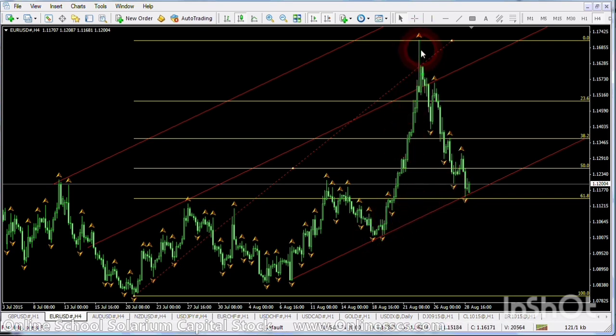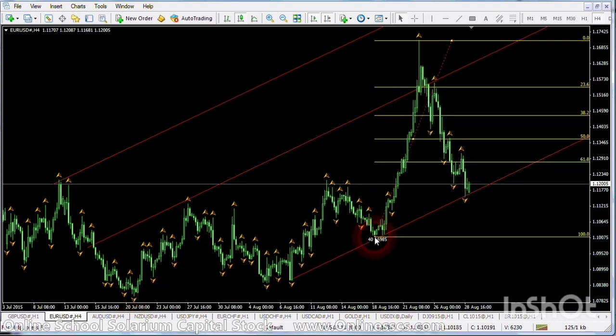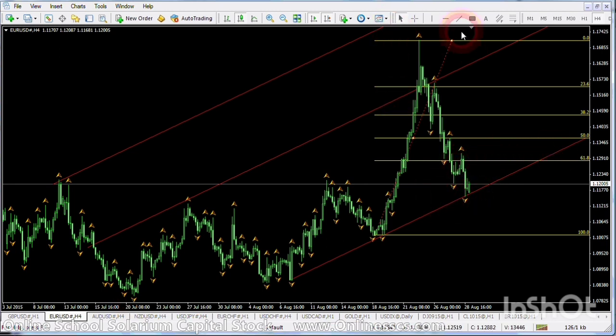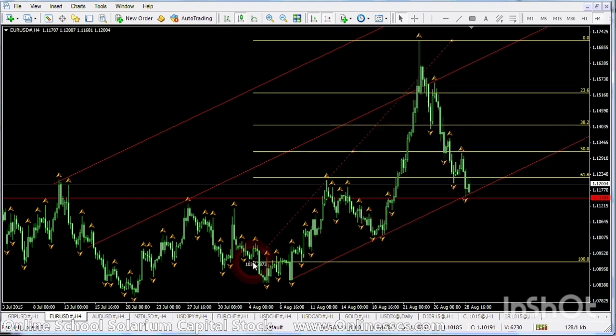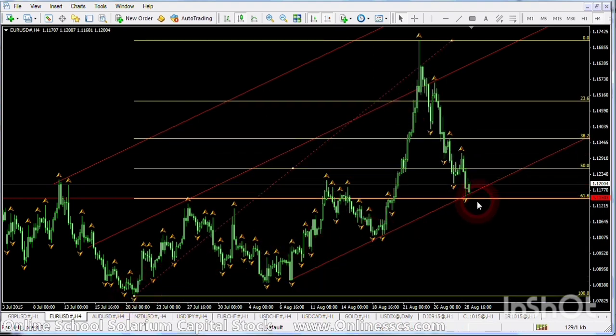I could draw the minor one and just get the present of the market, because in the past Fibonacci, the 61 has been broken. So I can draw the major Fibonacci and it has hit 61, and I will expect it to come back to 23. But I should wait to see what signal it will give me.